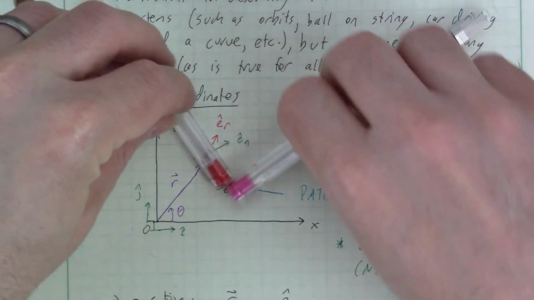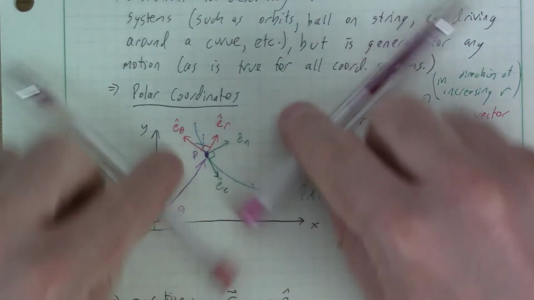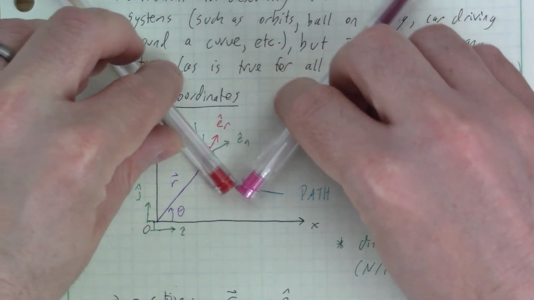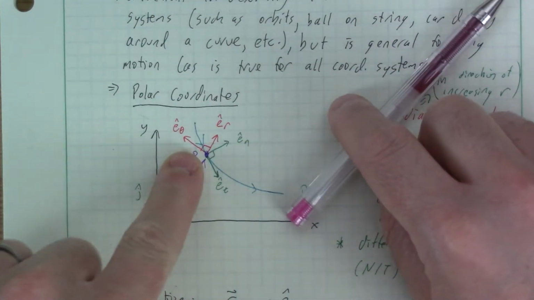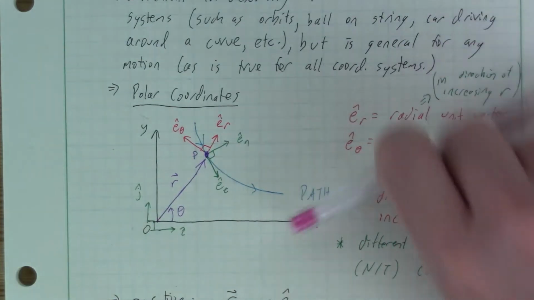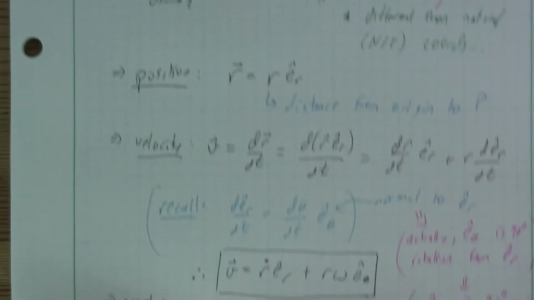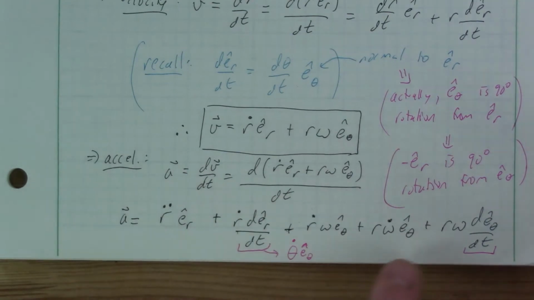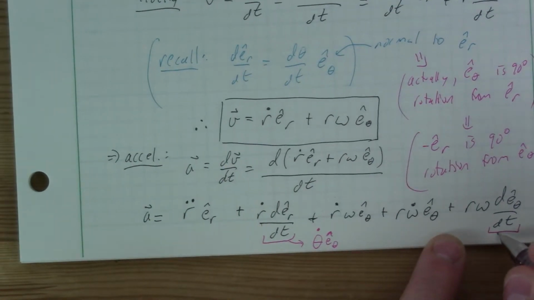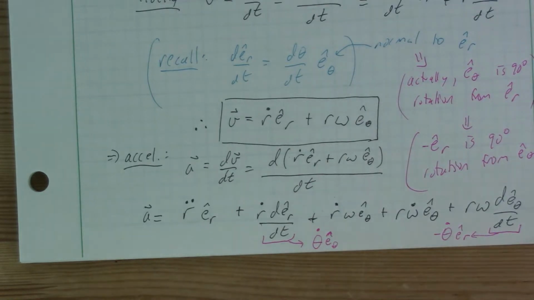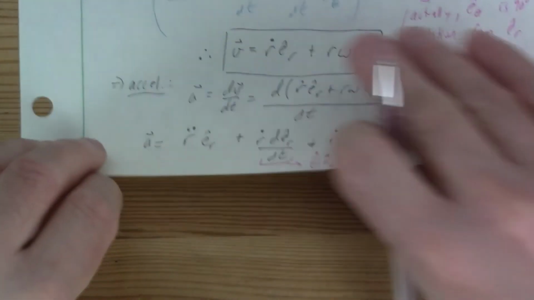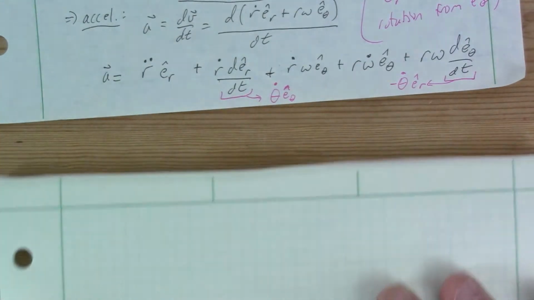We want to know how e hat theta is changing in time, and that comes from a negative 90-degree rotation of e hat theta itself, which is minus e hat r. Other than that, everything stays the same. So this will be replaced with a minus theta dot e hat r. That won't go away, so let's just sneak it there at the top.